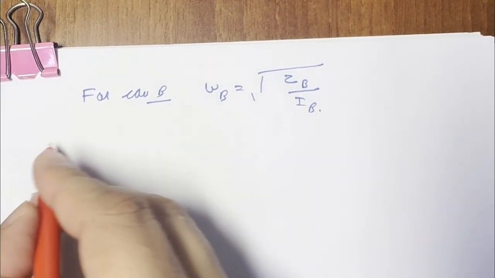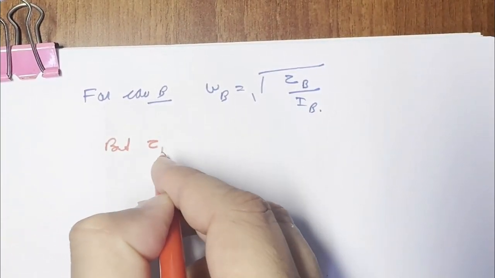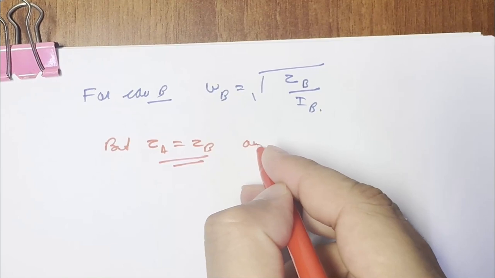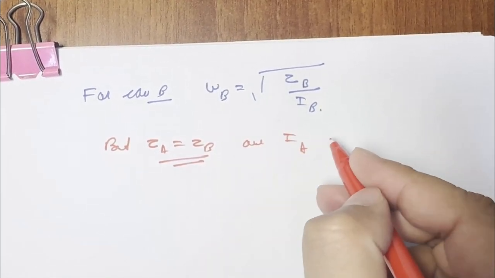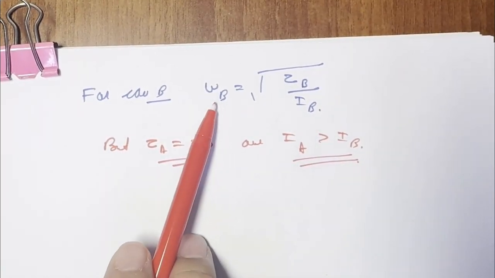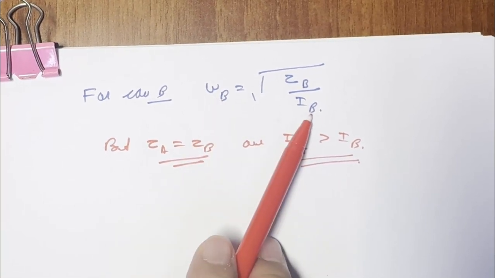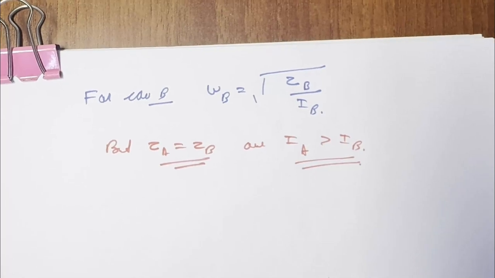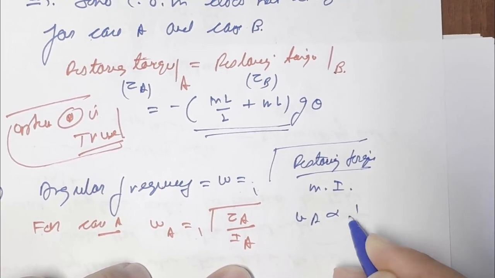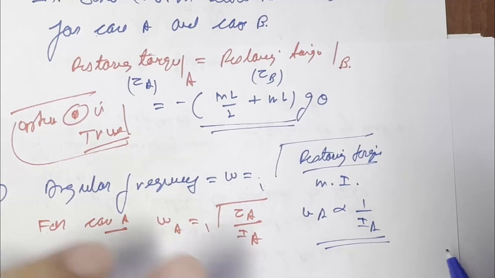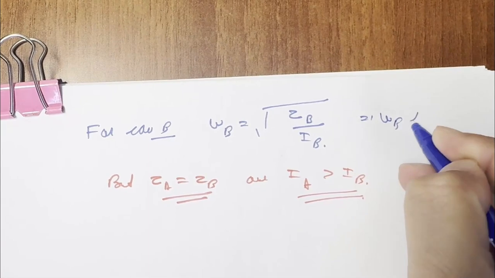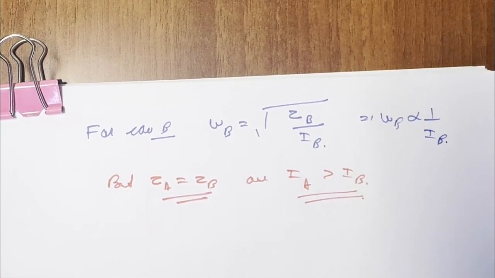But just we proved that tau A is equal to tau B, and we also proved that moment of inertia of A is greater than moment of inertia of B, and there is an inverse relationship between the angular frequency and moment of inertia. From here we can say that omega A is inversely proportional to IA, and omega B is inversely proportional to IB.